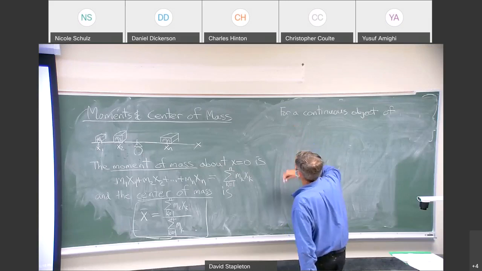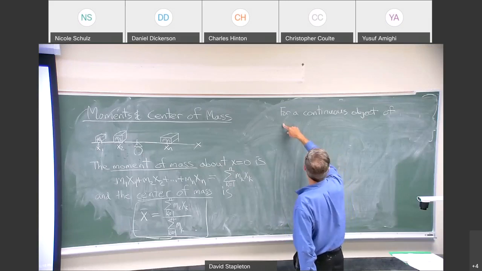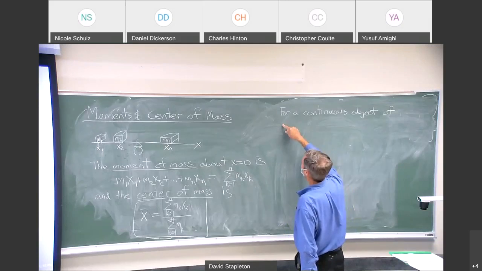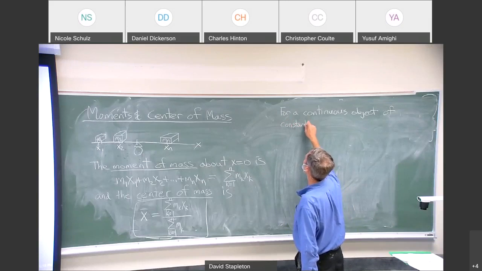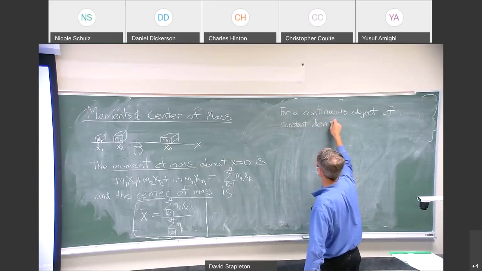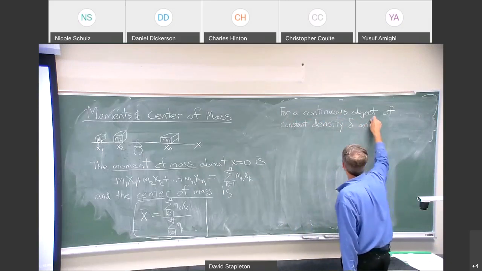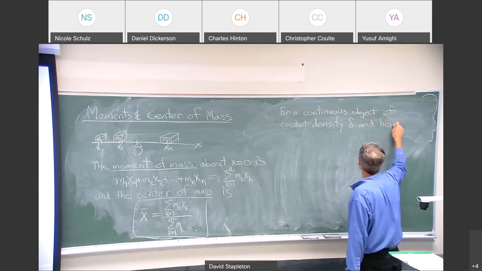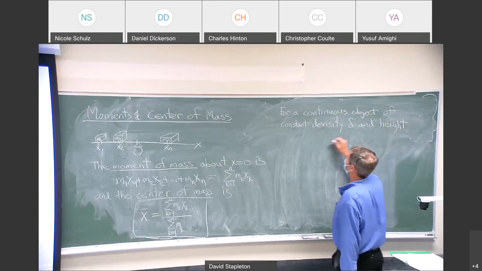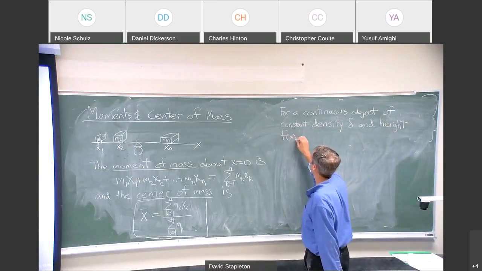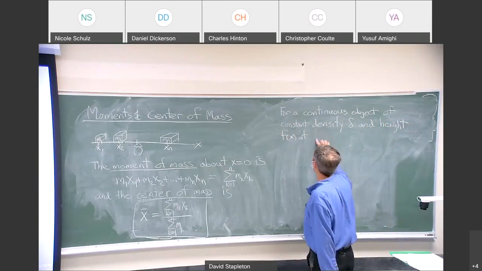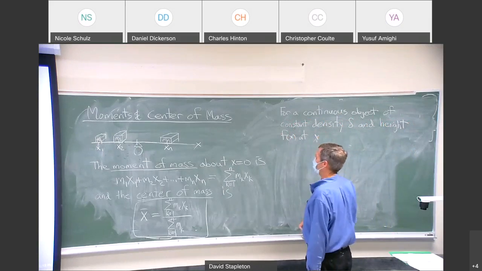So I'll just do it the way they wrote it out. Let's say a constant density delta, just to follow the book, and height f of x at x, what is the center of mass?